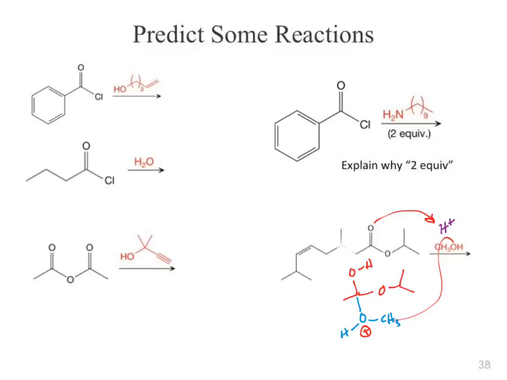We would likely deprotonate our positively charged species. Now what? Kick out the good leaving group. There aren't any good leaving groups. Protonate the other oxygen. So now you've got a good leaving group.